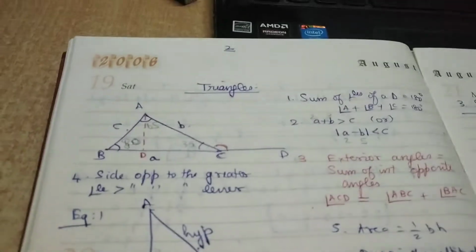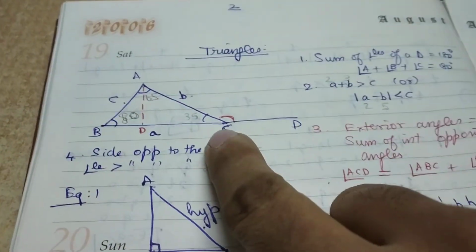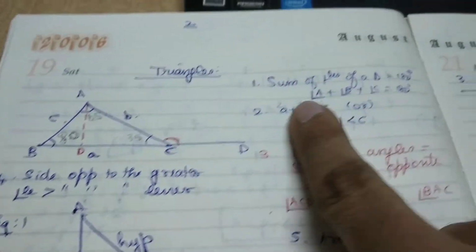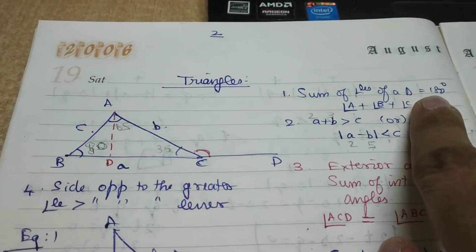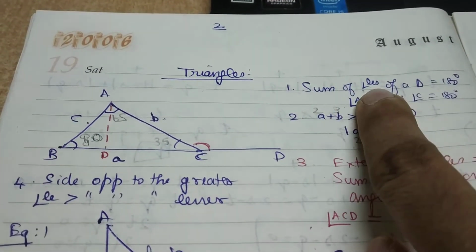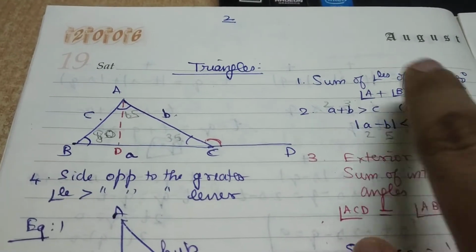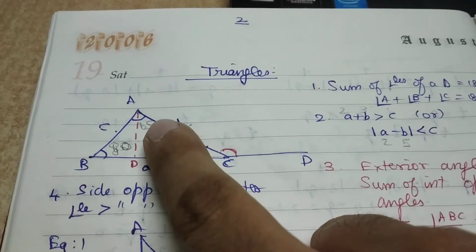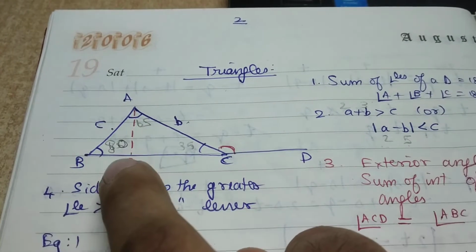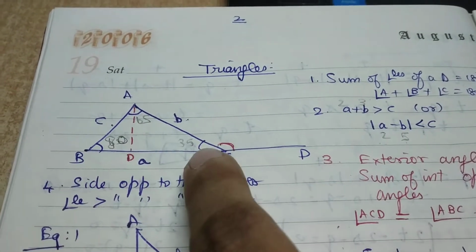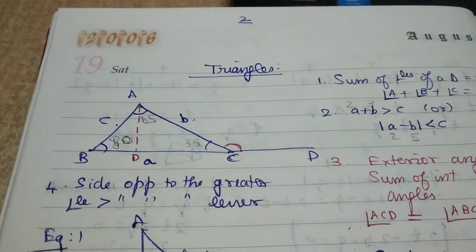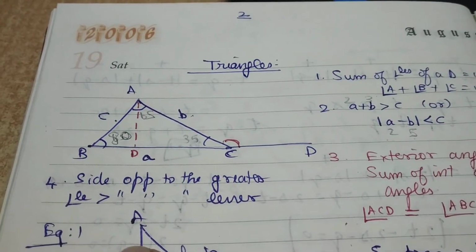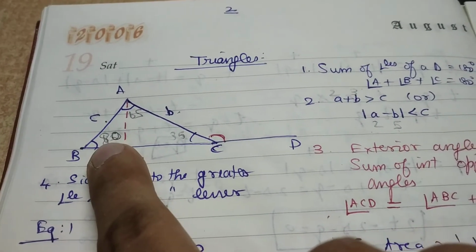Suppose I consider a triangle ABC. The sum of angles of a triangle is equal to 180 degrees. The sum of the interior angles of a triangle is equal to 180 degrees, which means if you add all three angles, say 65 plus 35, which will make 100, and one more angle is there, 80 degrees.